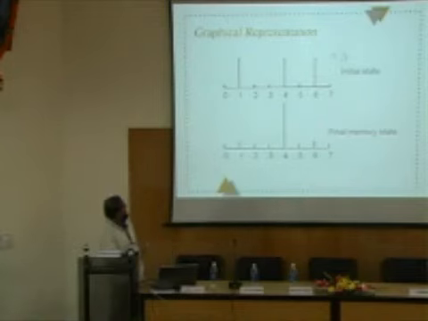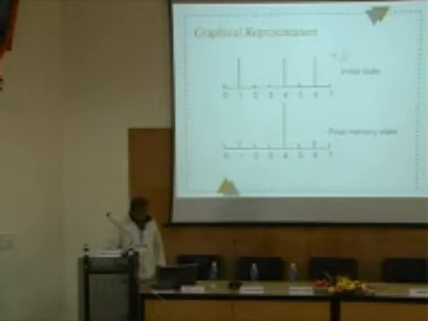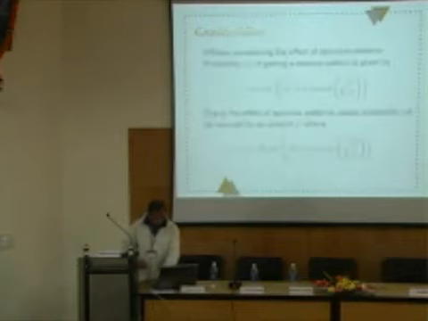So the objective is that I have 3 patterns here, and the pattern that is to be retrieved is this one. Finally, you see that this has the highest probability, and the other 2 undesired patterns have comparatively much less probability.